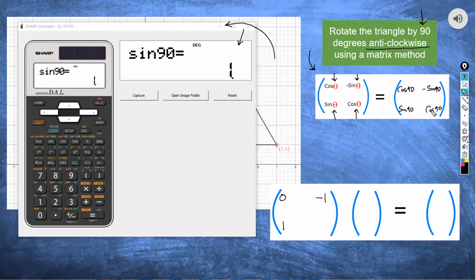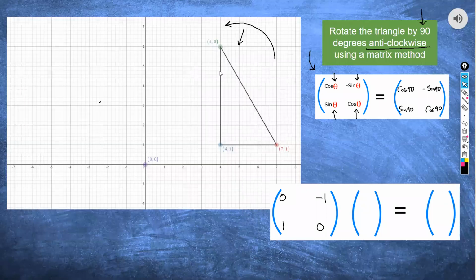And the last one, we did this one already: cos 90 is 0. So in other words, this matrix in front of you, if you apply it to all the points on the triangle, it will look like the new triangle got rotated by 90 degrees in an anti-clockwise direction.